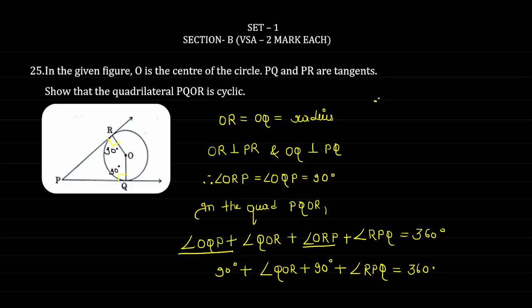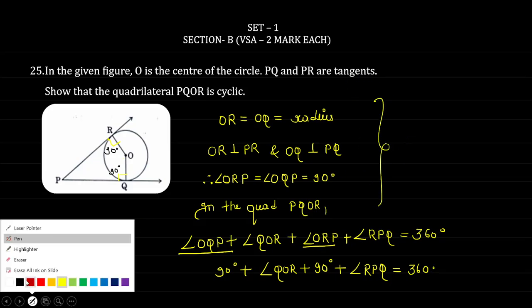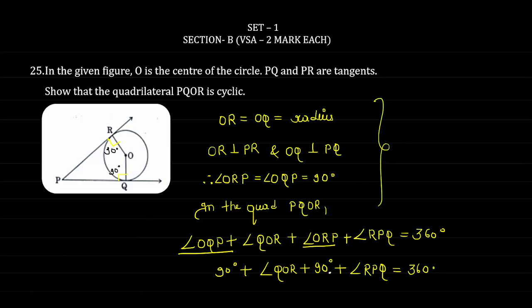So what we have to write here is, this is 180, angle QOR plus angle RPQ is equal to 360 minus 180.